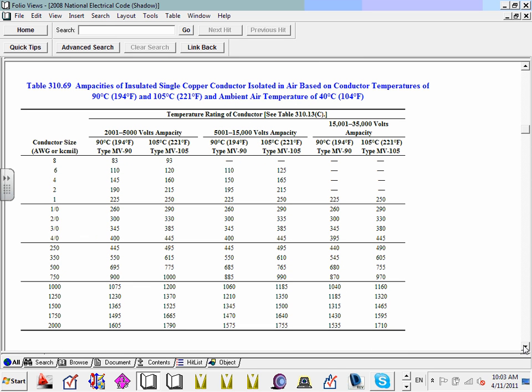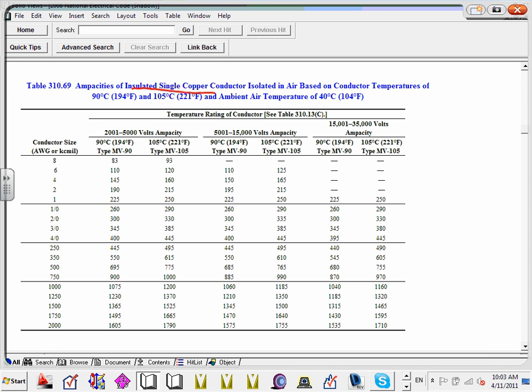this one. If you have insulated single conductors in air, let's look at this one. This is insulated conductors in air based on a conductor temperature of this and an ambient temperature of this. This is up in the air on the poles. So suppose I have, guys, 13.8 conductors, and I put them on the pole.